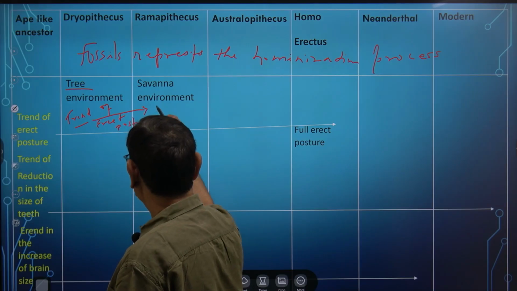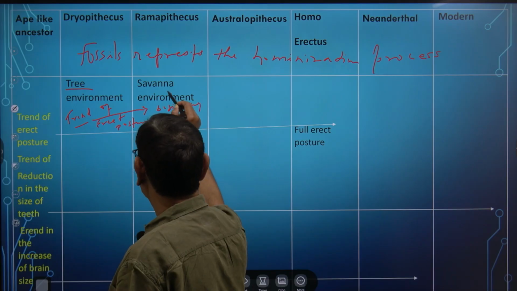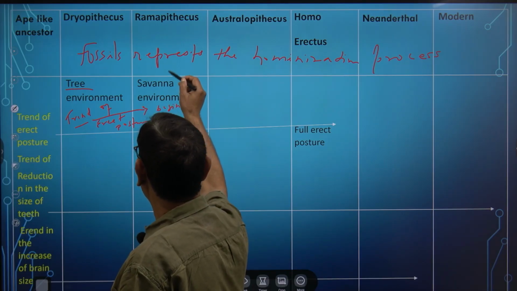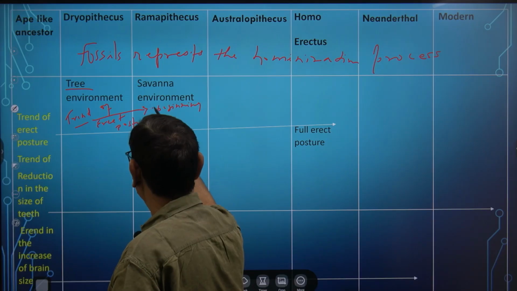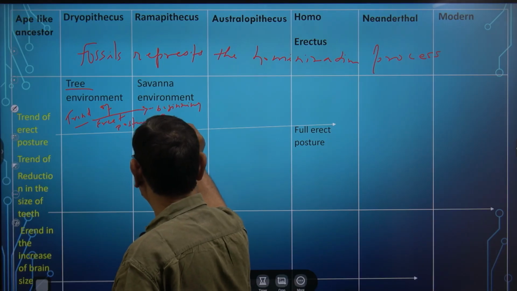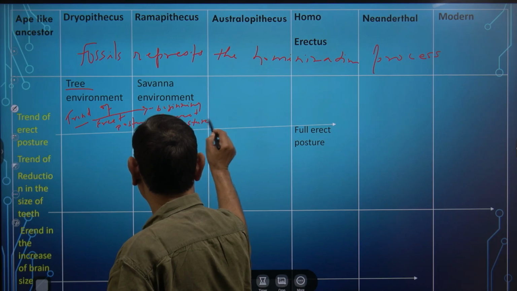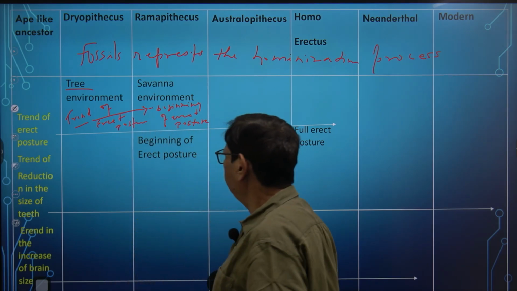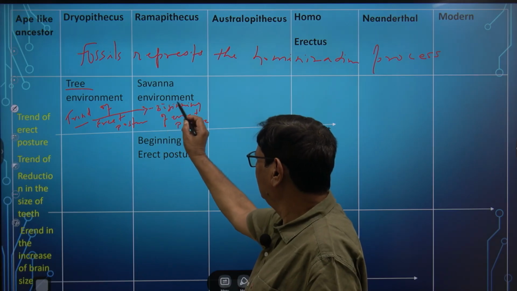Here, the beginning of assuming erect posture started during the Ramapithecus period. Ramapithecus, in order to see the predator, had to stand erect.